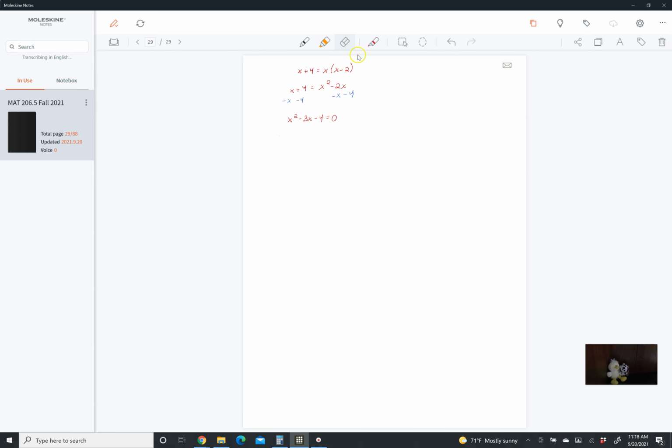This is factorable. Negative 4 times 1 gives us negative 4, and negative 4 plus 1 gives us negative 3. Again, you can use the quadratic formula.